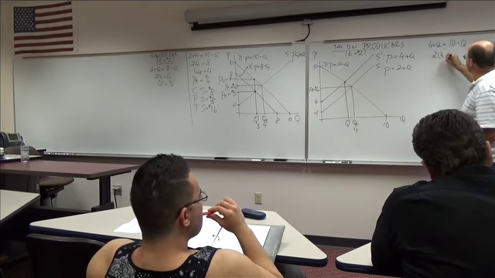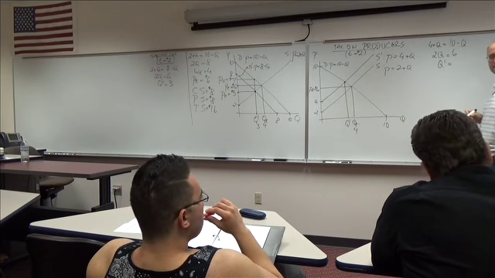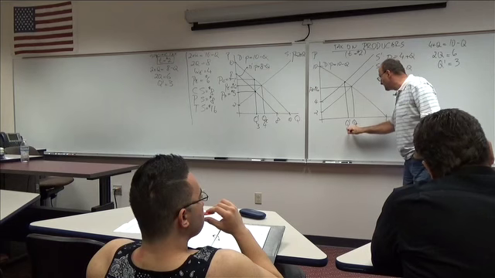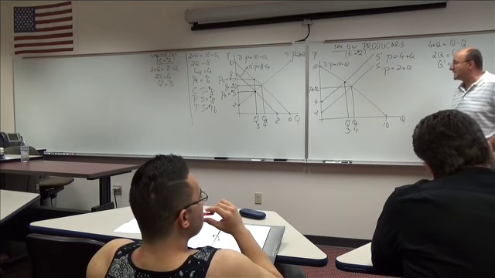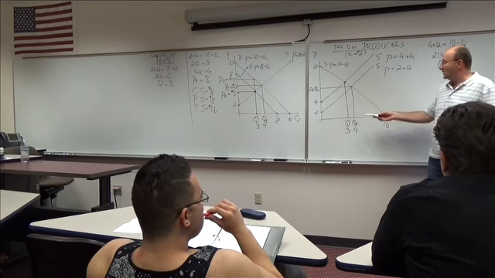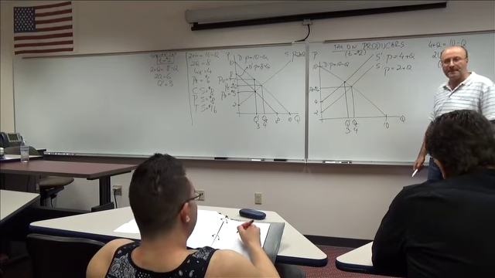You get 2Q equals 6. Q prime equals 3. What is the impact of the tax imposed on producers on the quantity? Reduces quantity from 4 to 3.